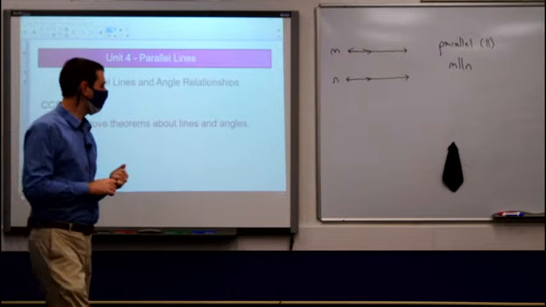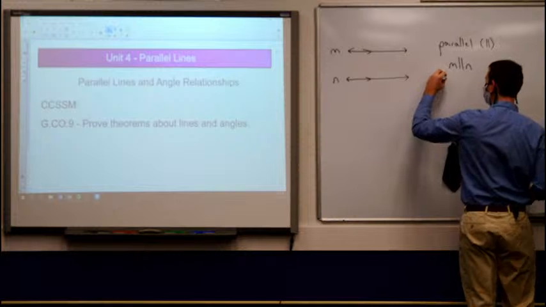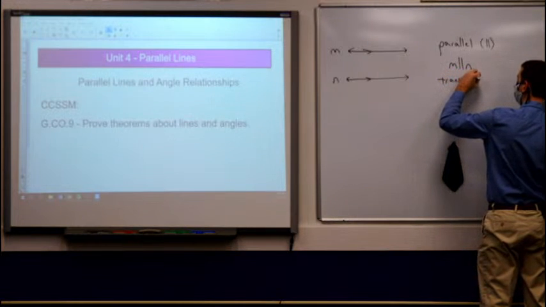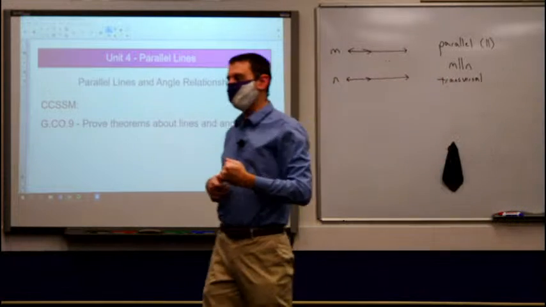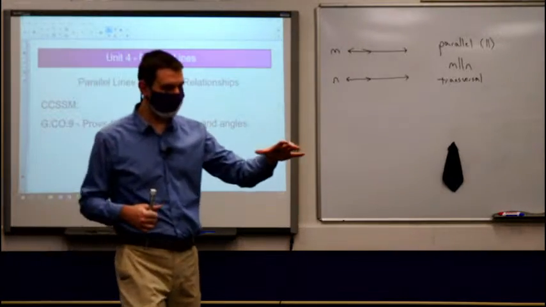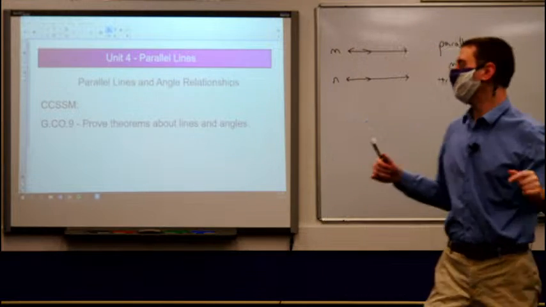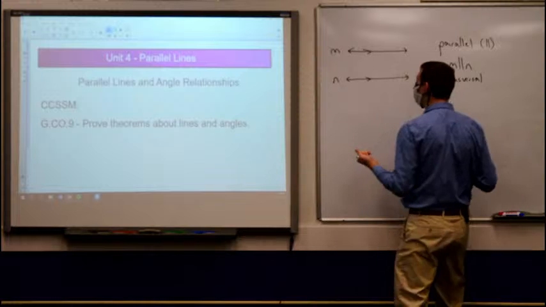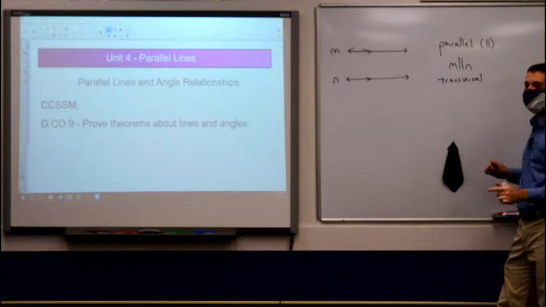Now, the other word that you need to know for today is transversal. And you'll see this word in all of the theorems you're about to write down. And what it means is this line that I'm about to draw that cuts through the parallel lines.